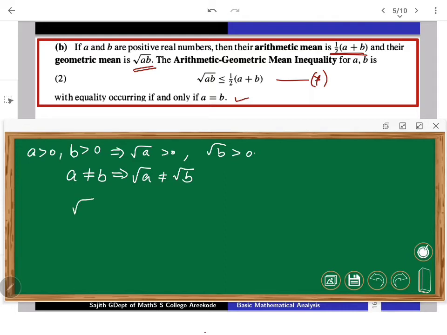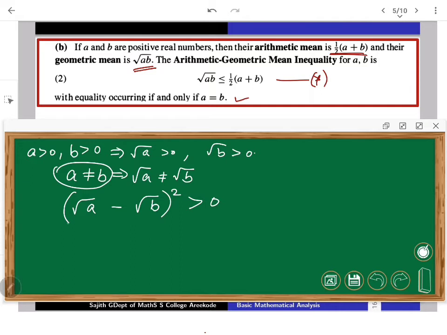Now, the square root of A and the square root of B are different, which means you take the difference. I don't know whether that is positive or negative, but square it, it's always positive. They are differing, so it's strictly positive. We are assuming A is not equal to B. So you are checking whether A is different from B, what inequality you can expect. In fact, the strict inequality is going to land up.